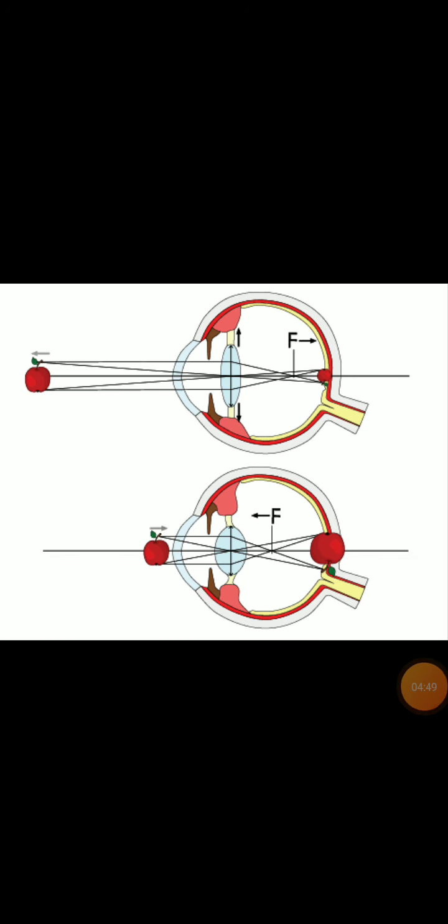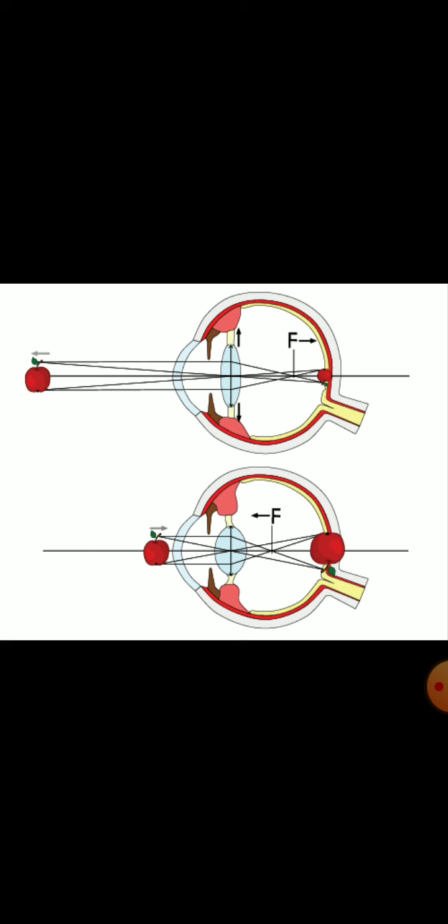Let us understand it with this example. When an apple is at far distance, what happens? Three things you will remember. First one, muscles are relaxed, and because of that, lens becomes thin and focal length increases, which helps us to see the object at a distant place.